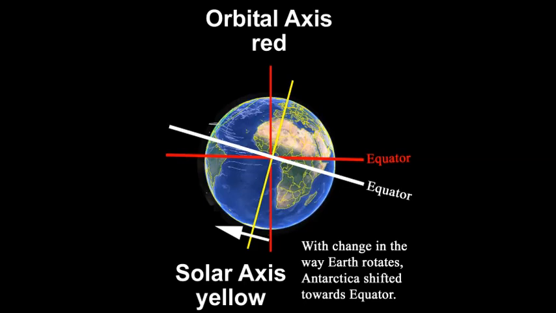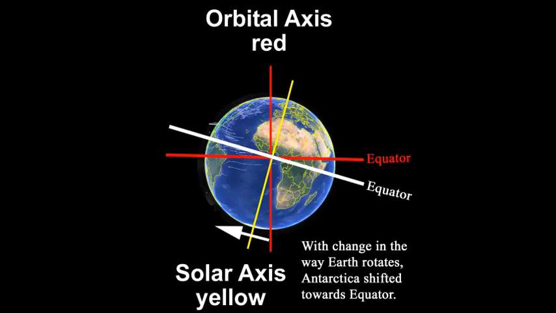According to my theory, the current distribution of the continents and oceanic crust favors the South Pole pointing towards the sun because the solar axis is at a 25.5 degree angle.